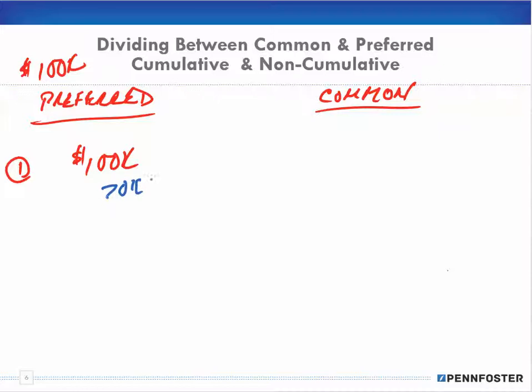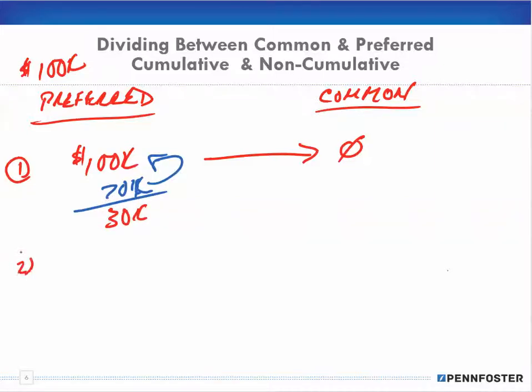Okay, so the 70,000 is going to go against the 100,000 to preferred, and nothing goes to common. So there's $30,000 that's still owed to preferred. Now in the second period, again, preferred is owed an additional 100,000, right? So they're going to get $130,000 worth, all right?